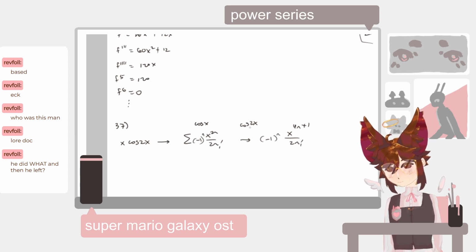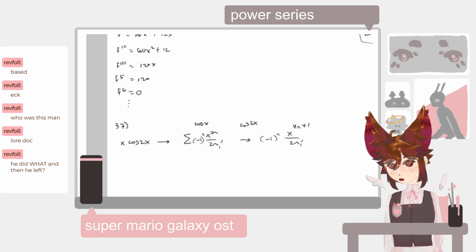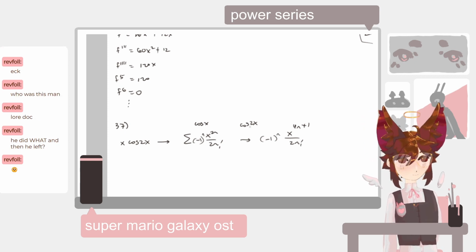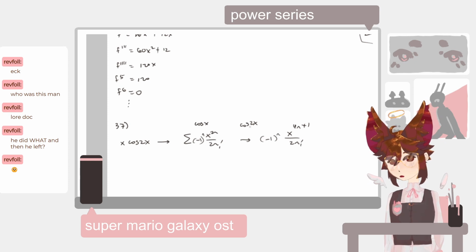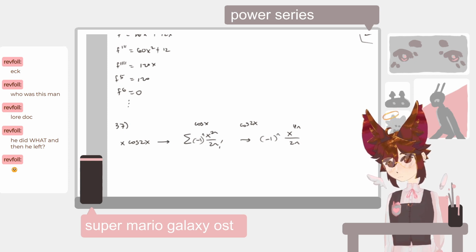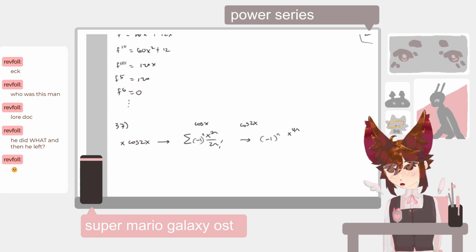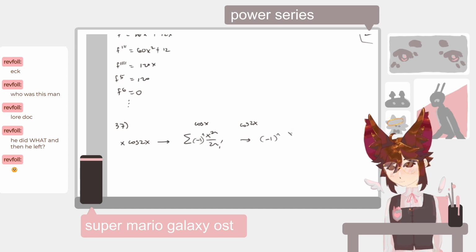You heard me. Where's the 2n? What? 2n to the 2n to the 2n? Where am I getting that from? Oh, I must have missed something. Cosine of 2x would be you plug this in, and that would be x to the 4n. Am I going insane? That's apparently not what we do.